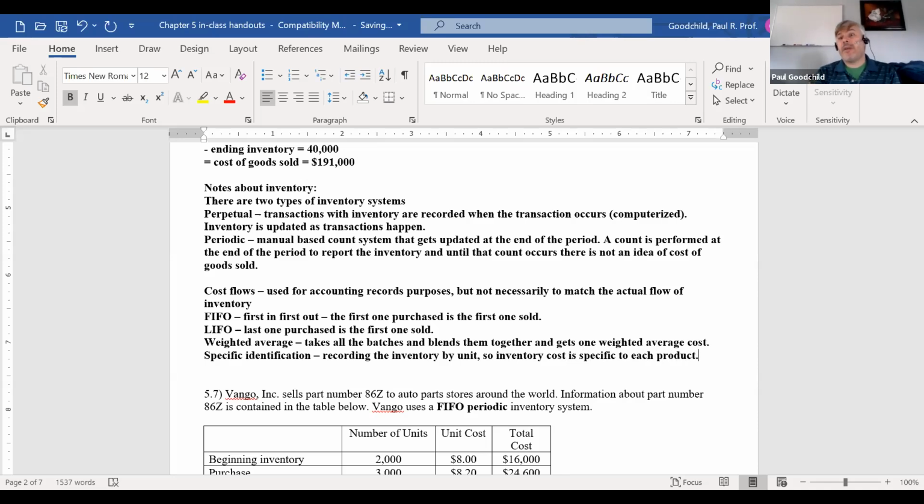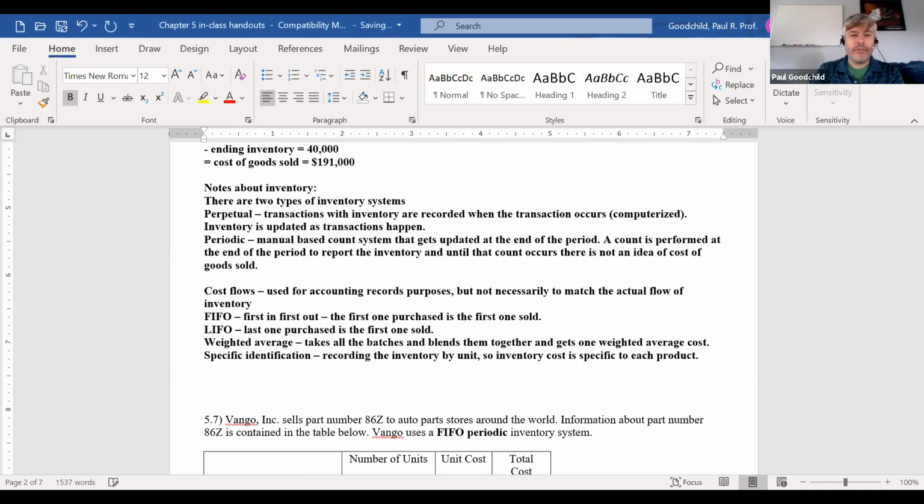And this might be a jeweler, an example that they have diamonds. And so their specific identification is 1 carat, 2 carats, 3 carats, and the grade. And they're tracking those individually because they're so expensive. Same thing with like an automobile or special order purchase, something along that line.